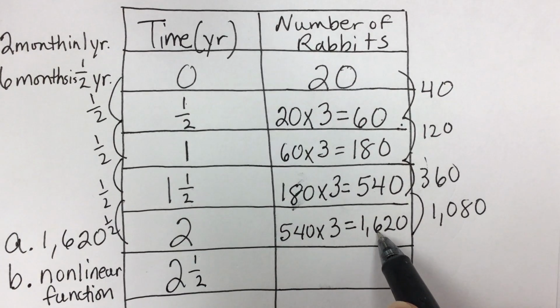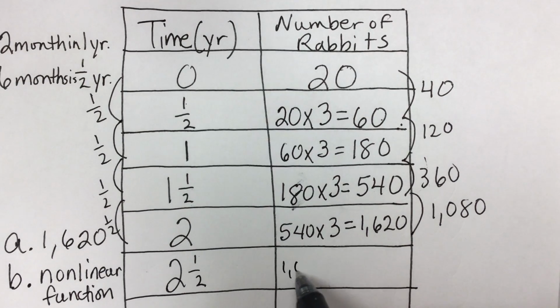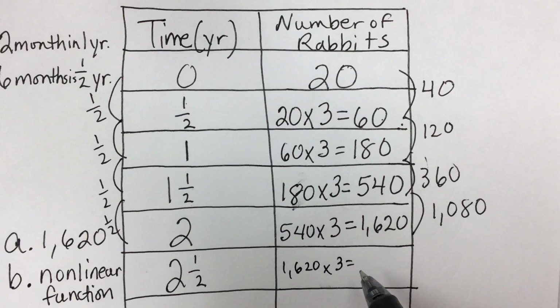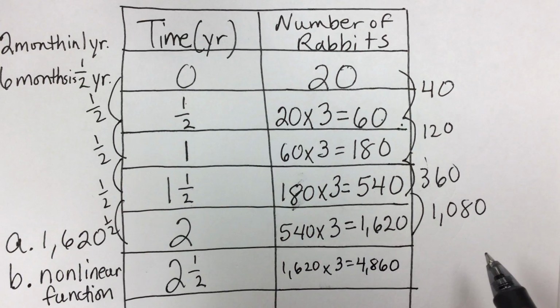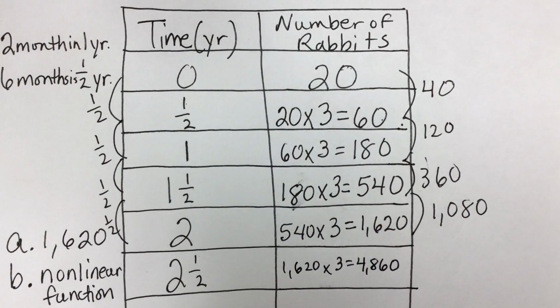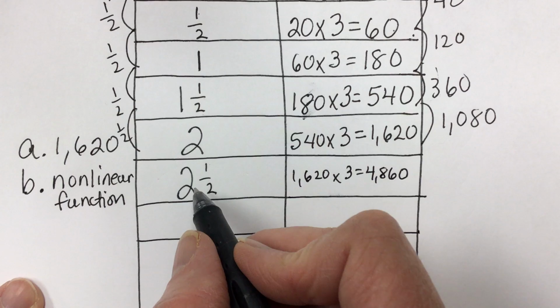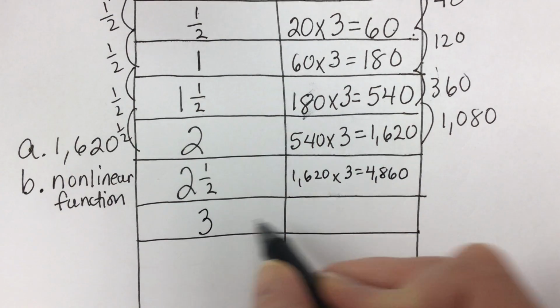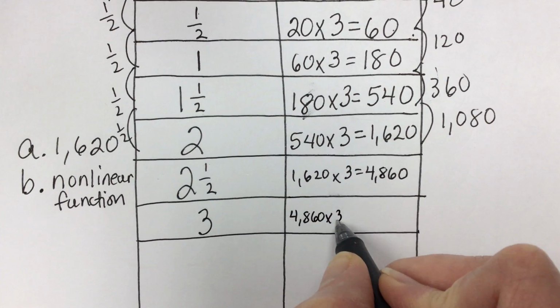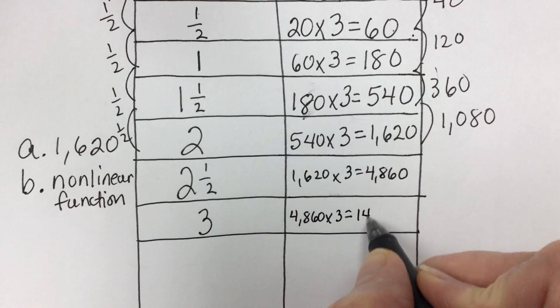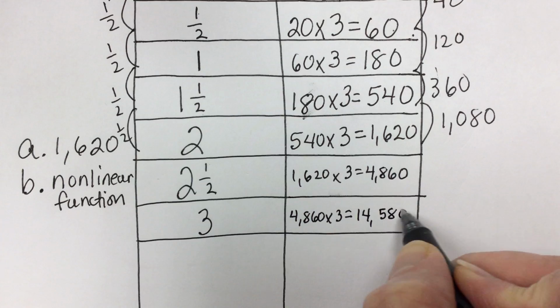Okay, we will need to multiply 1,620 times 3, which is 4,860. Continuing on, 2.5 plus a half is 3. So that's 4,860 times 3, which gives you 14,580.